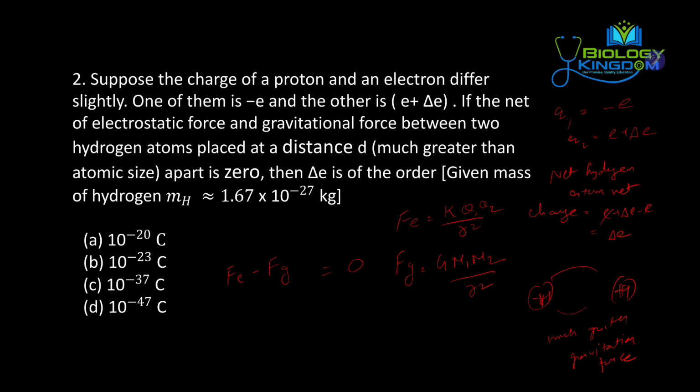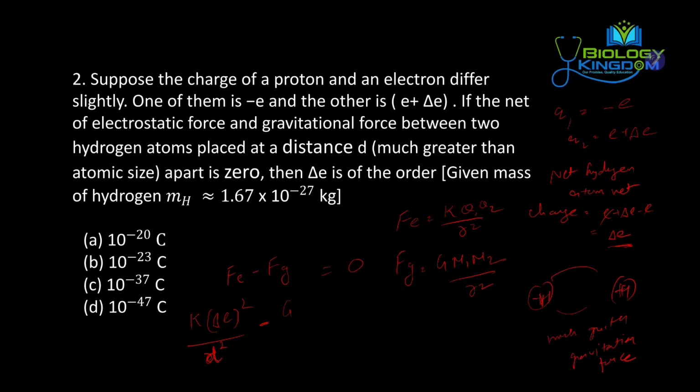So if we put these values, the electrostatic force is given by k, and the net charge is delta q, so it will be delta q square upon d square. Here the distance is not r, the distance is d. And the force of gravitation comes out as G m.